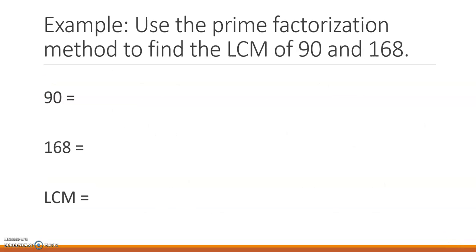Use the prime factorization method to find the least common multiple of 90 and 168. Ninety factors into 2 times 3 squared times 5. 168 factors into 2 to the third times 3 times 7.